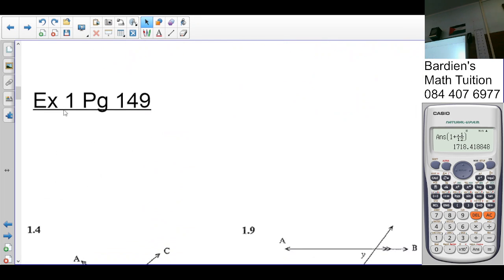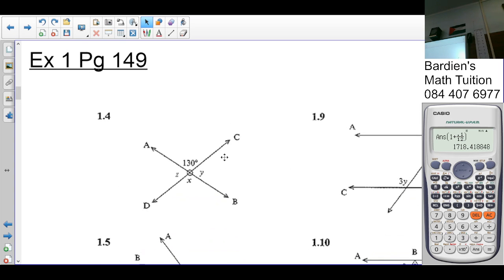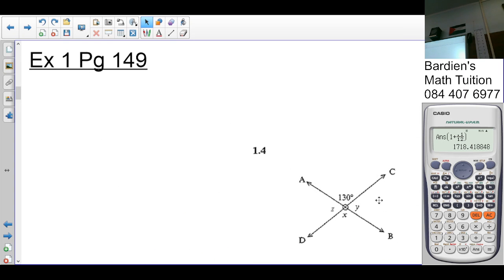Let's carry on with our lives. 1.4. x is equal to 130.